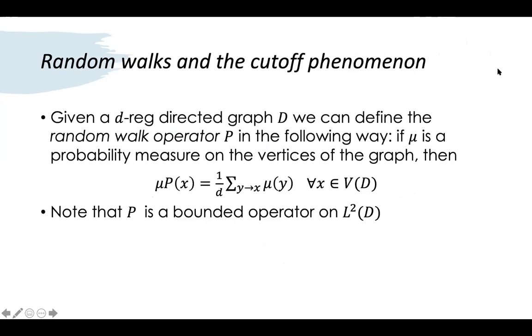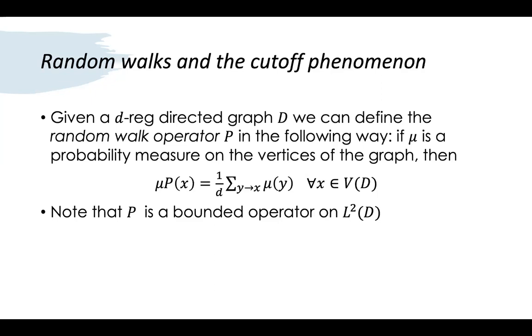Okay, so if you have a d-regular directed graph, D, you can define a random walk operator on it in the following way. If you have a probability measure on your graph, you can define the probability measure after one step. So P acts from the right on the probability measure. And at every point, so this is a graph, so the probability measure gives any point a number.